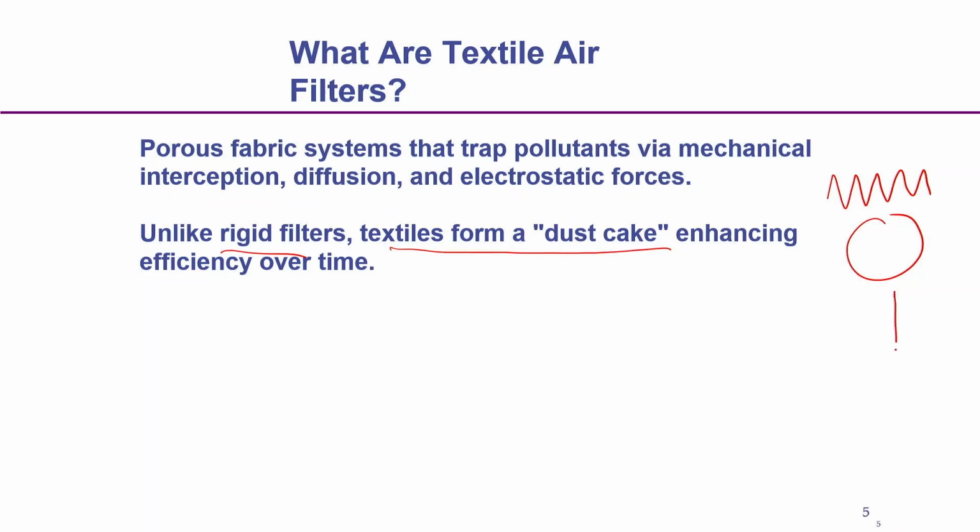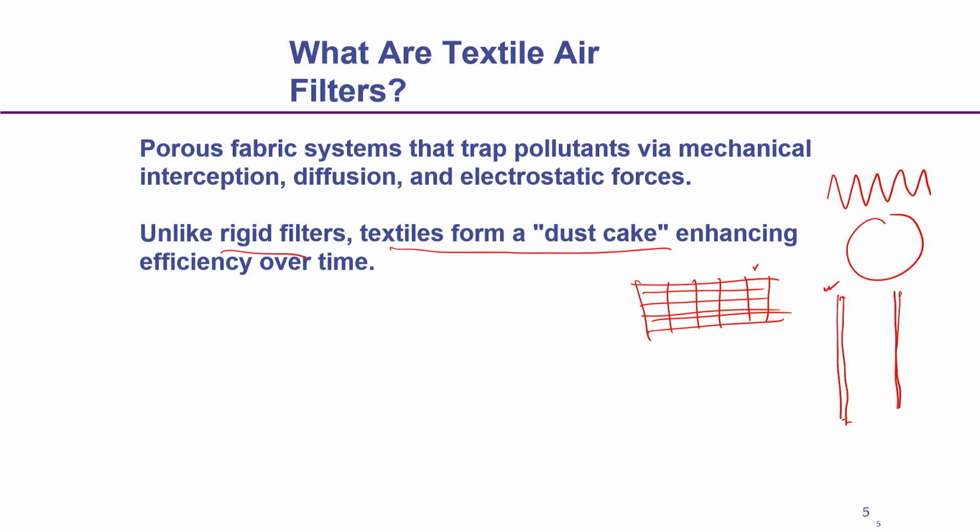So, for flat filtration, suppose a metal mesh is there, let us take the example of a metal mesh. I am drawing a metal mesh; this is the front side, a side view.